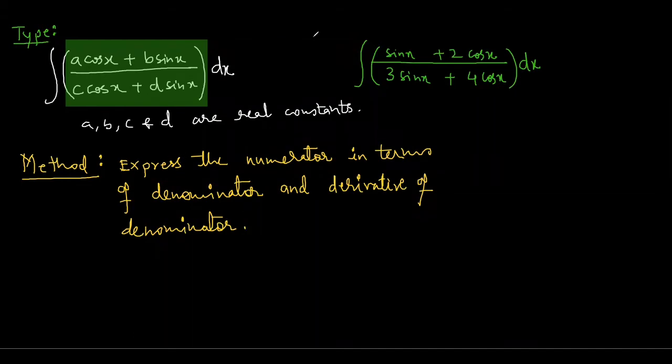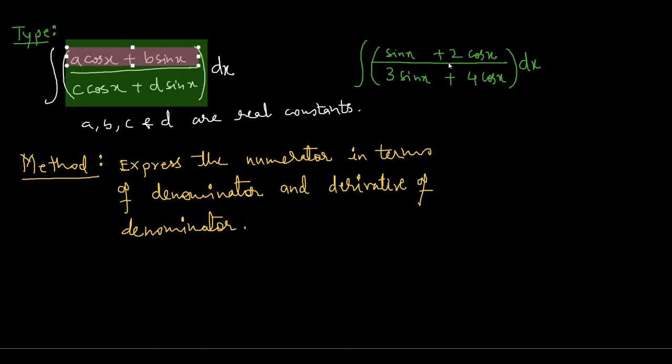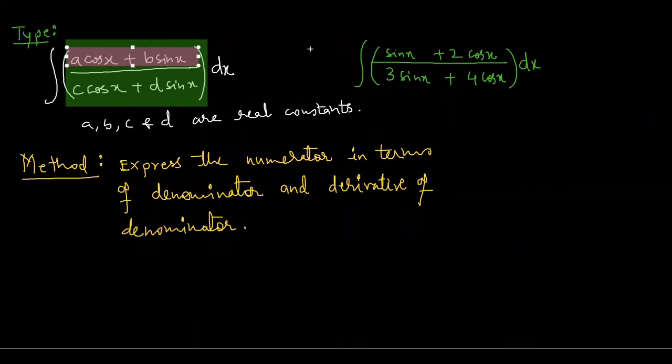Okay, so as per the method, we will express the numerator. See, this is the numerator. What is it? It is a cos x plus b sin x. We will express the numerator in terms of denominator and derivative of denominator. Now how is that going to happen?